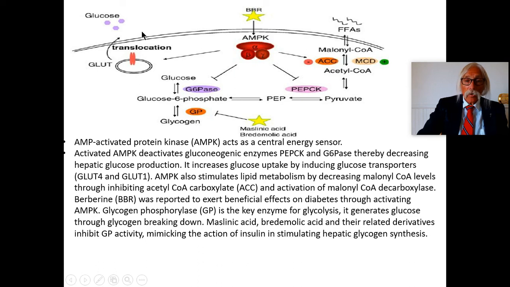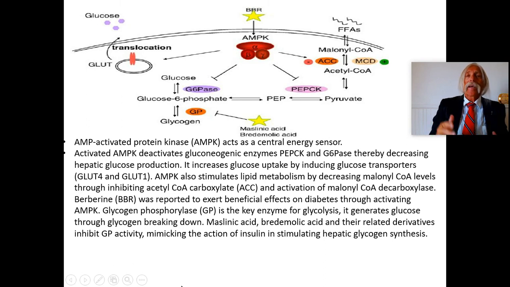And what you're going to be doing is enhancing glucose uptake, right? AMP kinase causes glucose uptake. At the same time, it's going to enhance beta oxidation of the fatty acids because you need that as well to be able to make the whole cellular system continue to function. So the AMP kinase acts as a central energy sensor, as it writes here. Activated AMP kinase deactivates gluconeogenic PEP carboxykinase and the glucose 6-phosphatase, thereby decreasing hepatic glucose production.